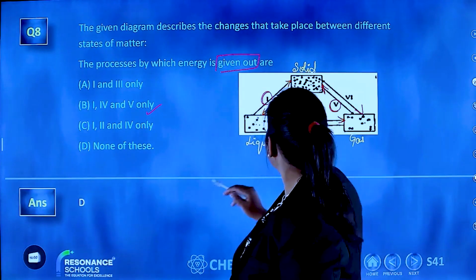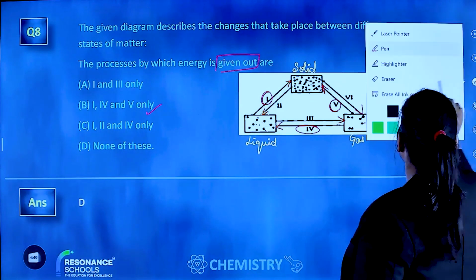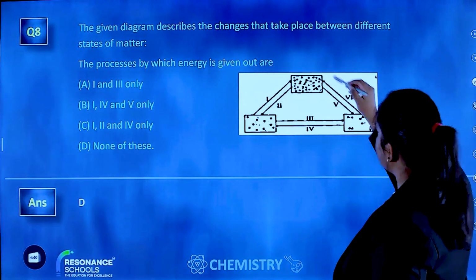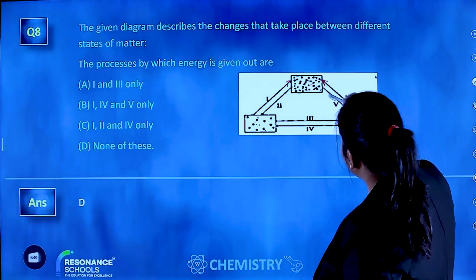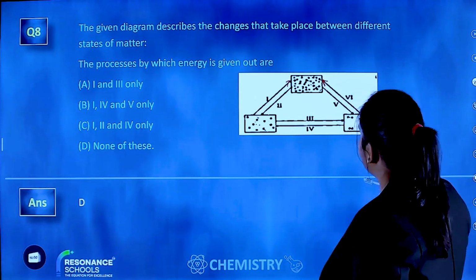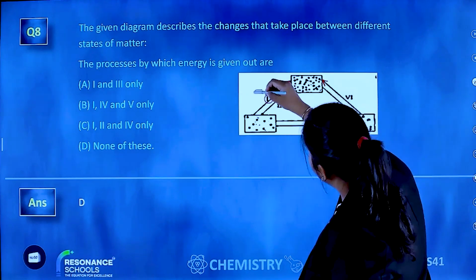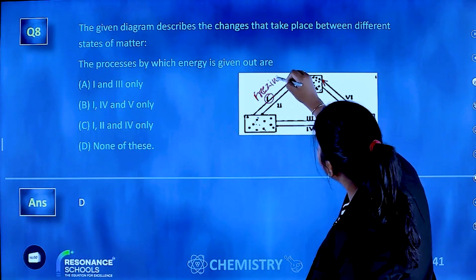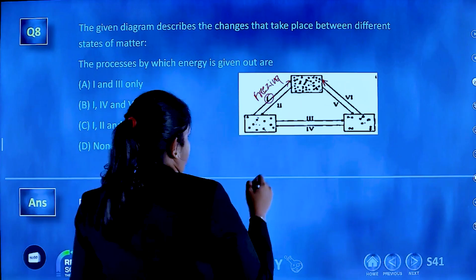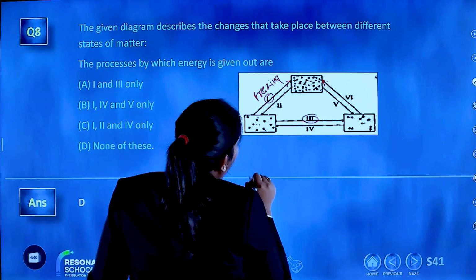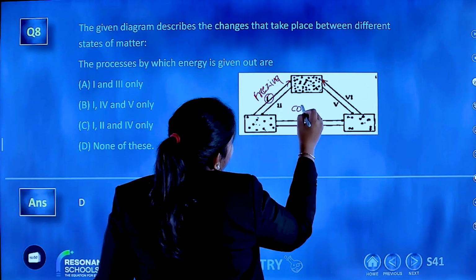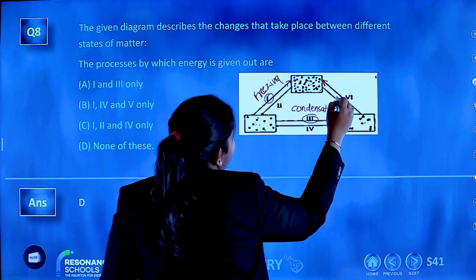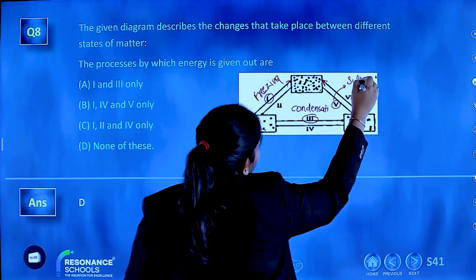Actually, there is a little bit of confusion about which one is representing what, because these arrows are not properly shown. I guess 1 is showing freezing, 3 is showing condensation, and I think 5 is showing reverse sublimation.